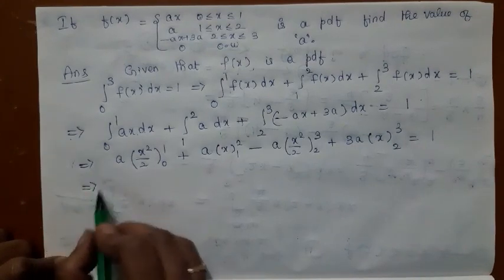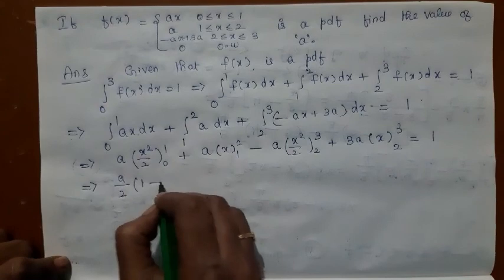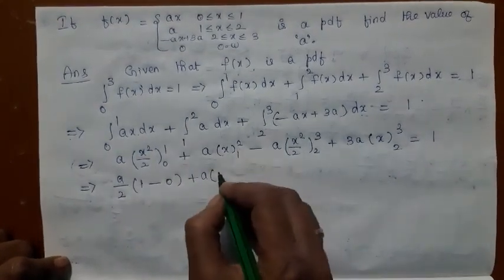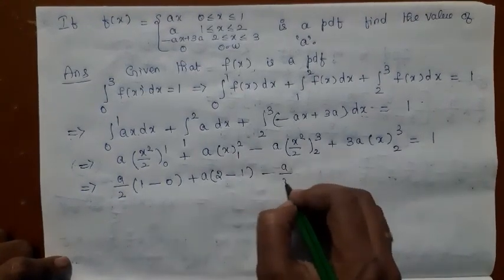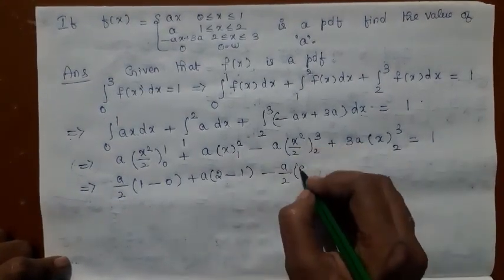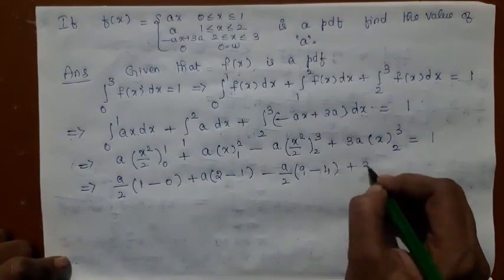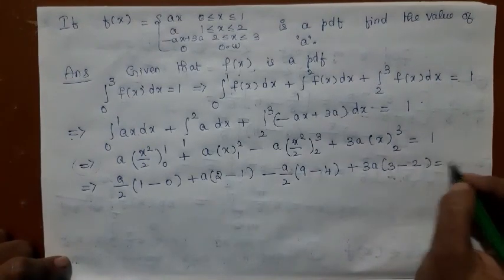So this implies a by 2, upper limit 1 square is 1, 0 square is 0, upper limit for x minus lower limit is 1. Minus a by 2, upper limit for x is x square, 3 square 9, 2 square 4, where the upper limit for x is 3 and lower limit for x is 2.